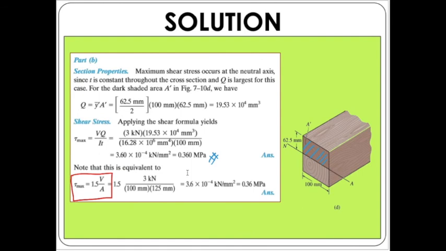If you are considering an I section or a T section, this equation is no longer applicable. It is only for a rectangular section, and as you can see here, if we apply this equation, we get a similar answer.